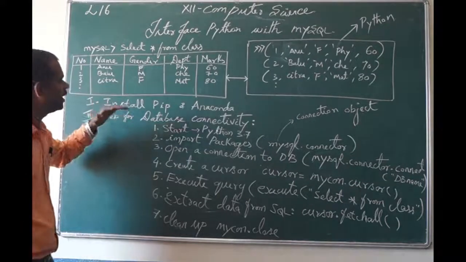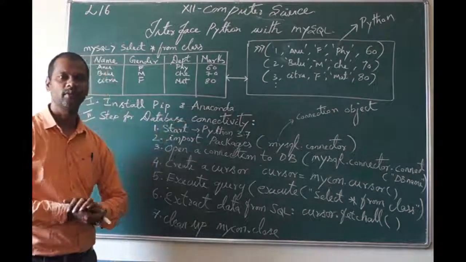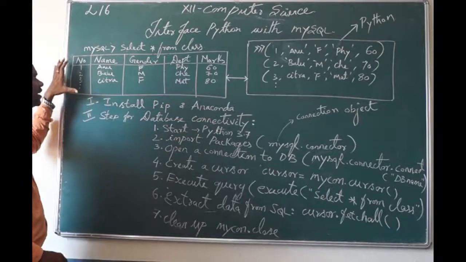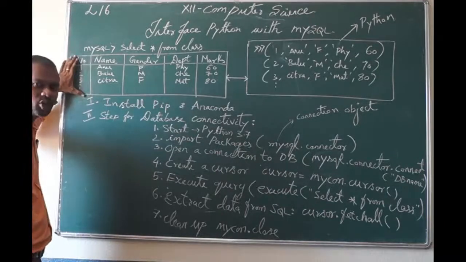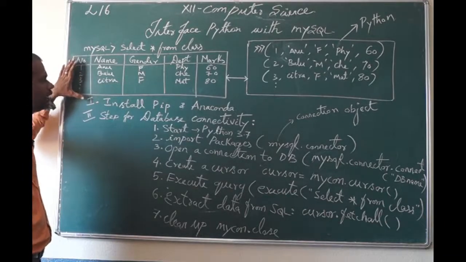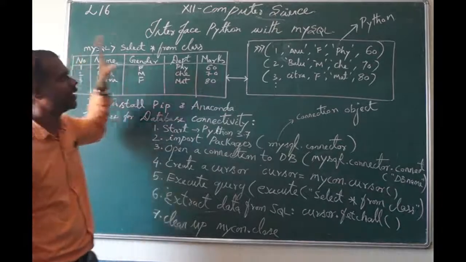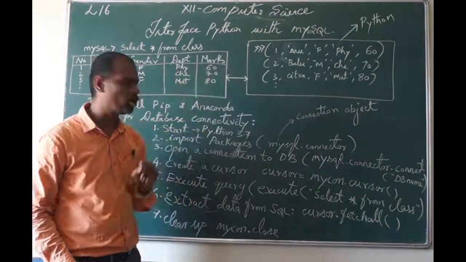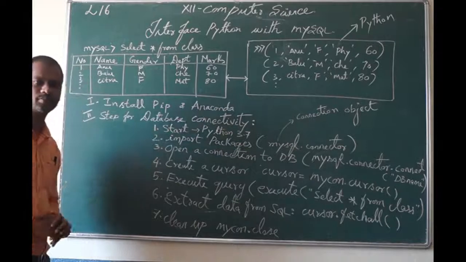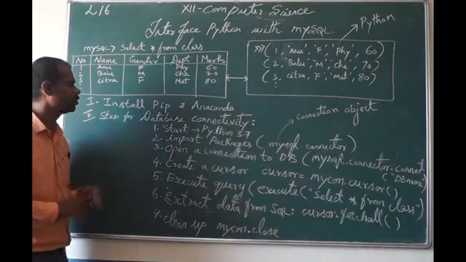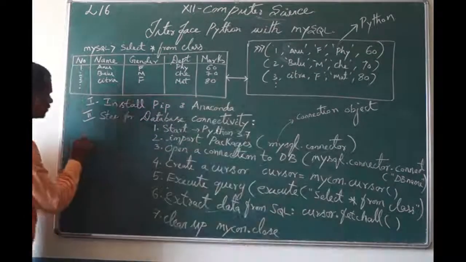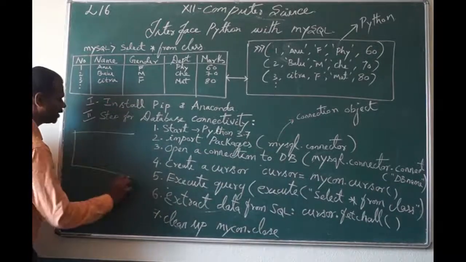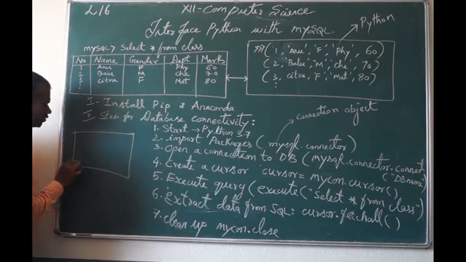Steps for database connectivity. MySQL is a database. To make a connection with Python, you have to follow 7 steps. The first step: for example, this is your computer, and here the start button will be there.